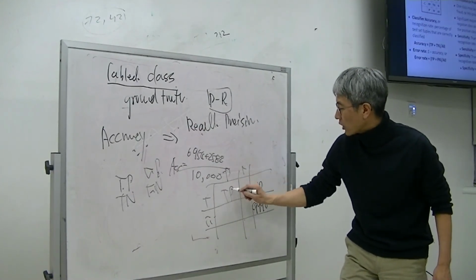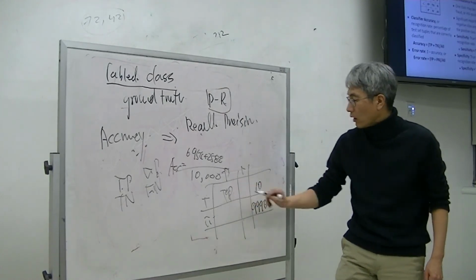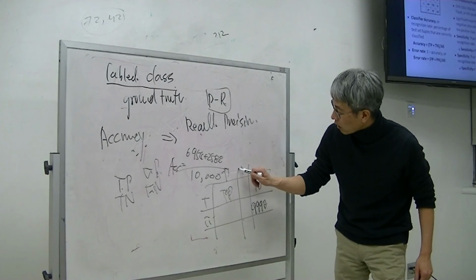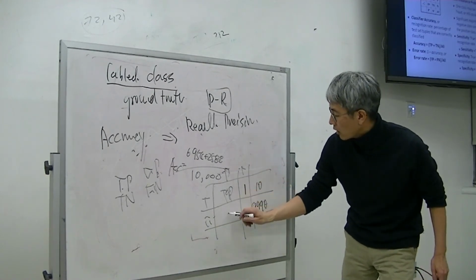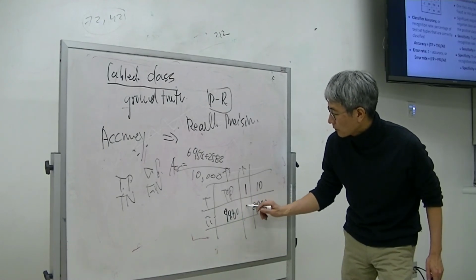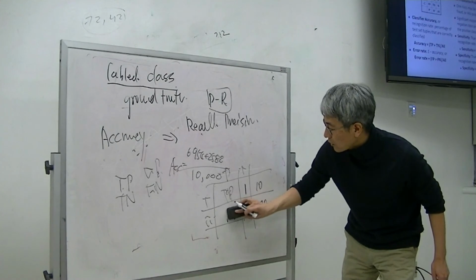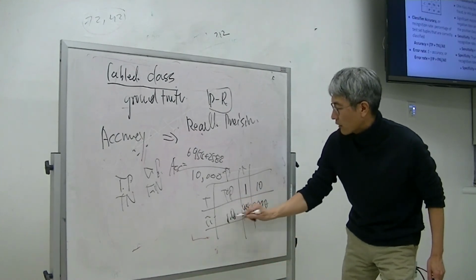It's a true positive, so you predict 9, for example. And this one is 1. And this one is 9,980, and this is 10, like this.